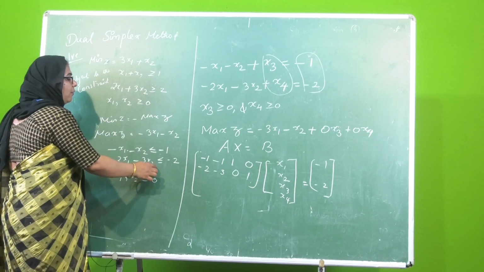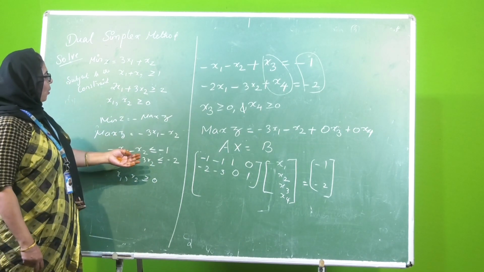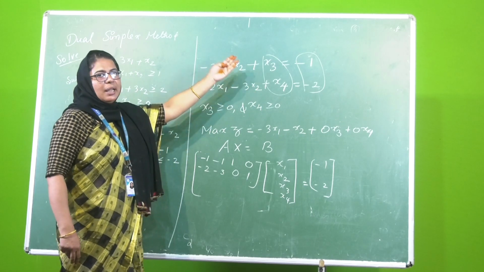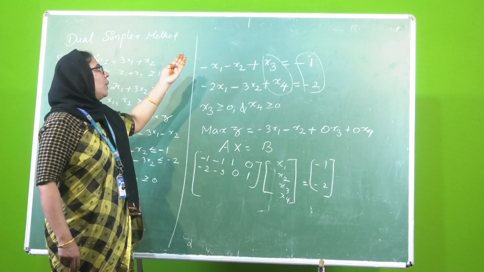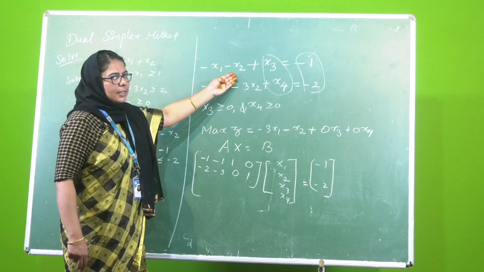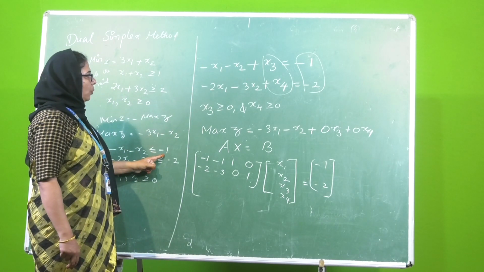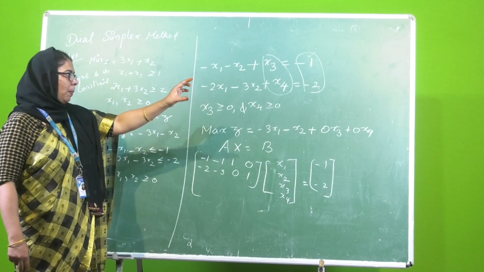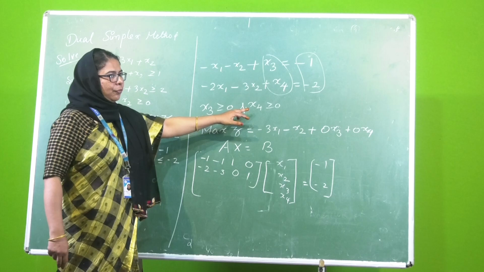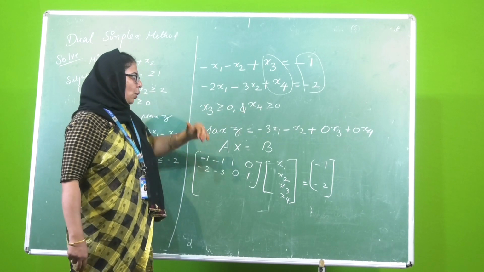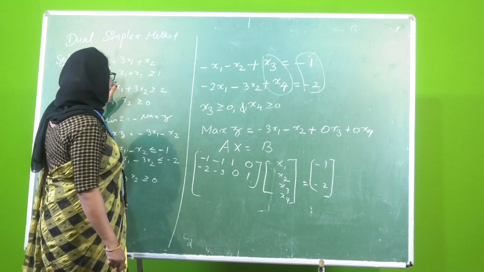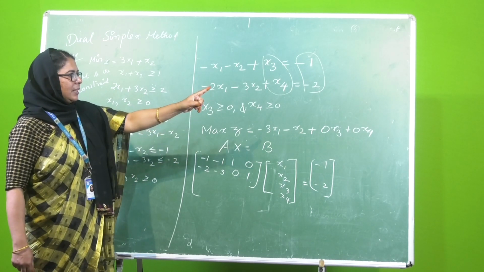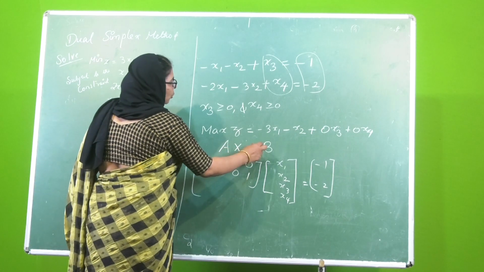You convert the less than or equal to into equal to by introducing the slack variables x3 and x4. So minus x1 minus x2 plus x3 equal to minus 1, minus 2x1 minus 3x2 plus x4 is equal to minus 2, with x3 and x4 the dummy variables greater than or equal to 0. So maximize z is equal to minus 3x1 minus x2 plus 0x3 plus 0x4, and Ax is equal to b.